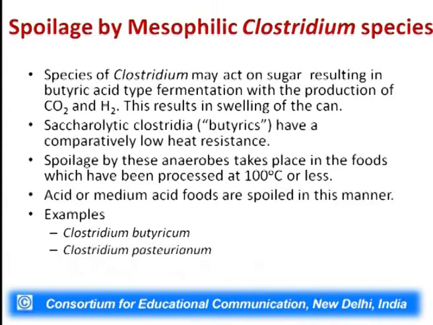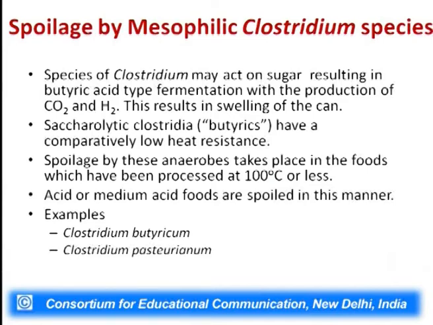Species of Clostridium may act on sugar resulting in butyric acid type fermentation with the production of carbon dioxide and hydrogen. This results in the swelling of the can. Saccharolytic Clostridia, that is, which break down sugar, have a comparatively low heat resistance.